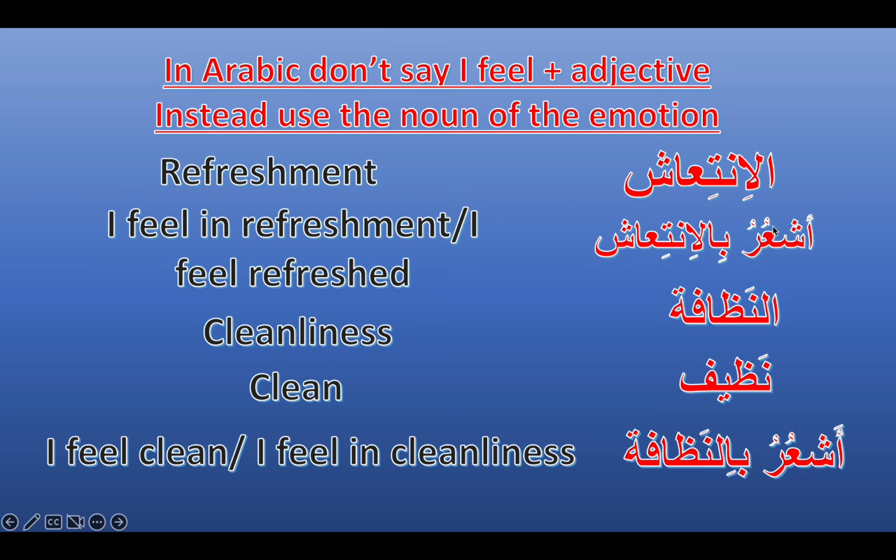I feel refreshed. We would literally say I feel in refreshment. The بـ is like referring to in. So literally أشعر بالانتعاش is I feel refreshed. Cleanliness is النظافة. Clean is نظيف. If you want to say I feel clean, you literally say I feel in cleanliness. أشعر بالنظافة. That's all for today. شكرا جزيلا وإلى اللقاء.